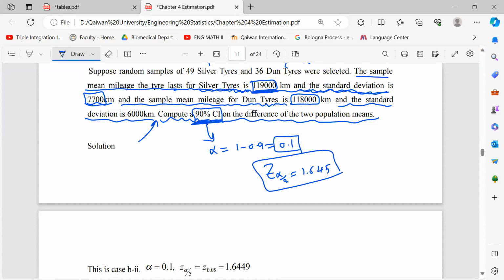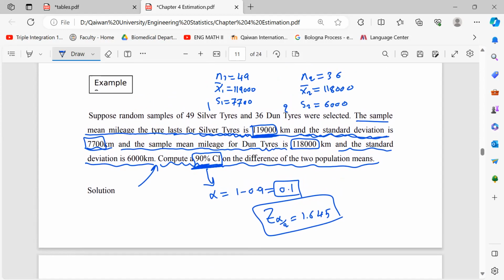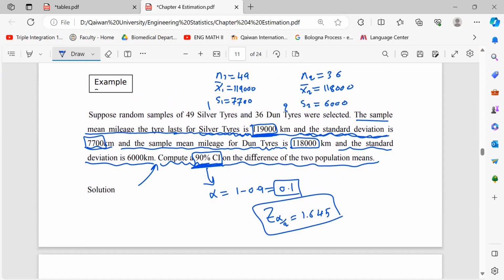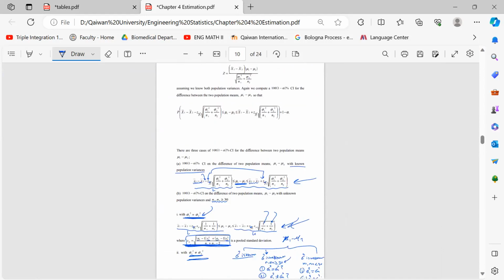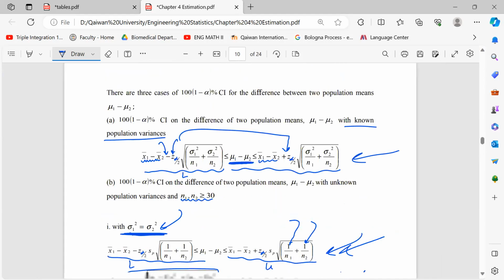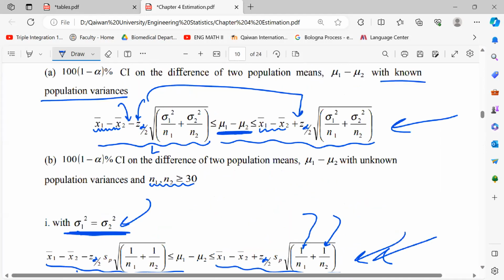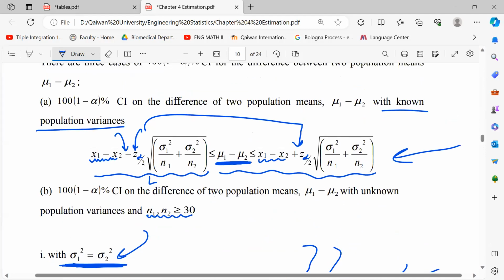Write it down directly. That's it. We now have Z of alpha over 2. We have N1 and N2, X1 bar, X2 bar, and S1 and S2. Let's return to the rule. Can you get it from the given information or not? In this case one, what else do you need except the given information? N1 and N2, sigma 1, sigma 2.